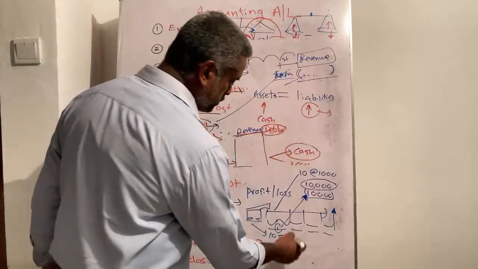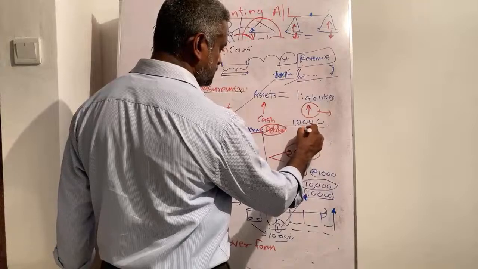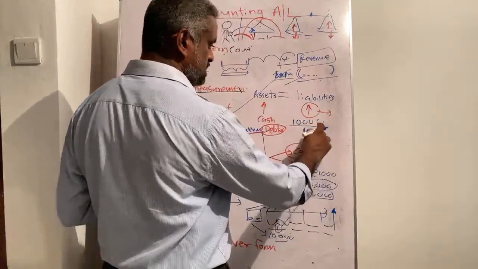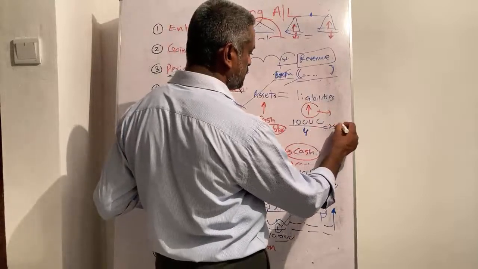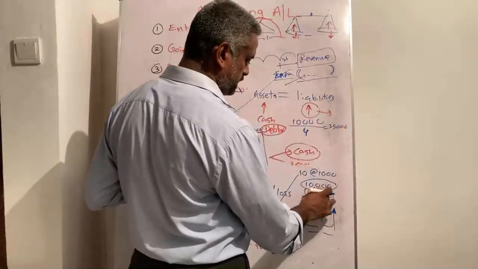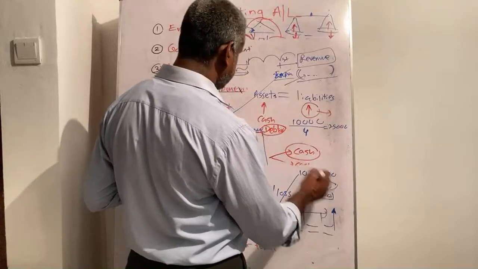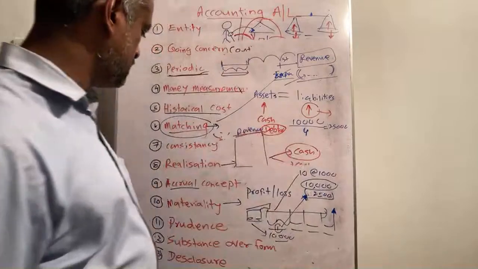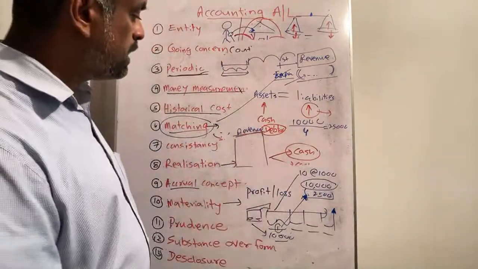Then what you will do is spread the 10,000 over 4 years, which is the depreciation. Then 2,500 you are charging for the particular year. That is actually the matching concept, not the materiality concept. Matching concept, right?